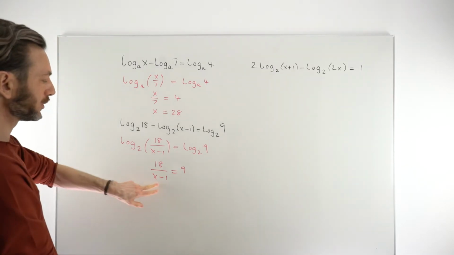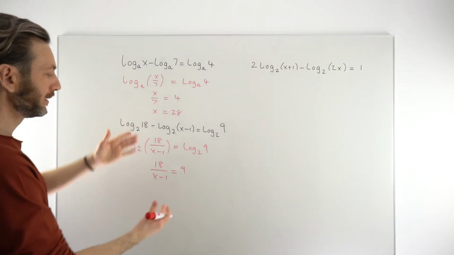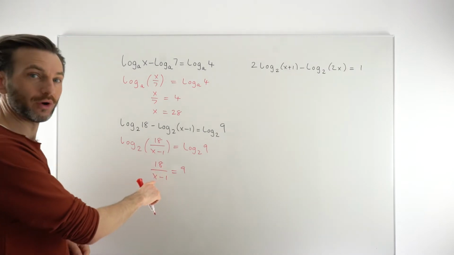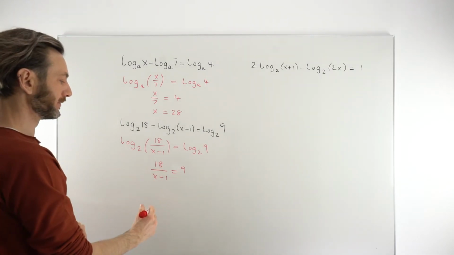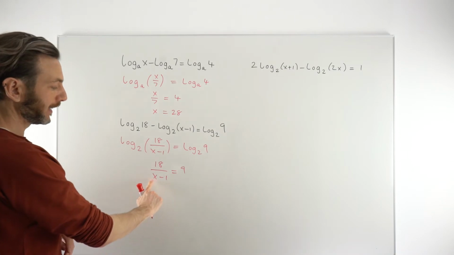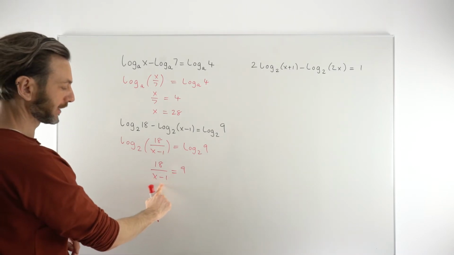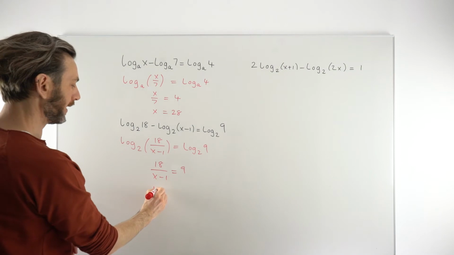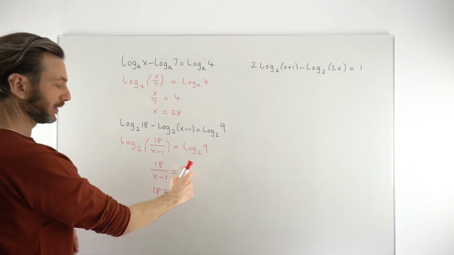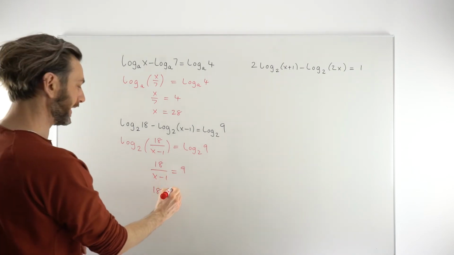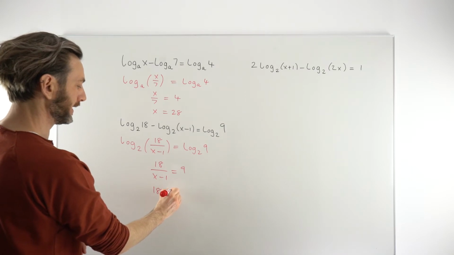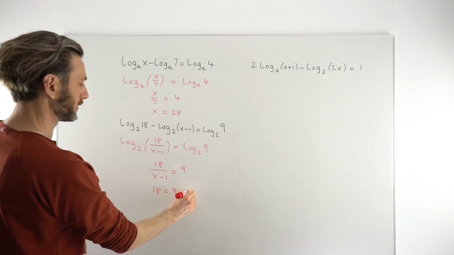It's a slightly more difficult scenario than we had here, but fairly similar in the sense that we've got a fraction and we need to get rid of it to solve the linear equation. I'm going to do that by multiplying both sides by x minus 1. If I do that, then the x minus 1 moves over to the other side. It multiplies the 9, which would give us 9x minus 9.